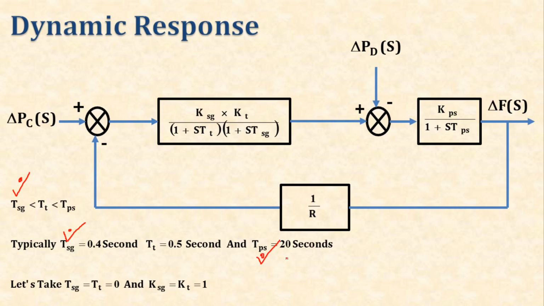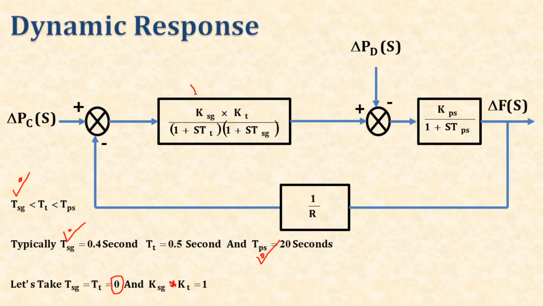So ideally we can say that the values of TSG and TT are equal to 0, and the value of KSG into KT is equal to 1.